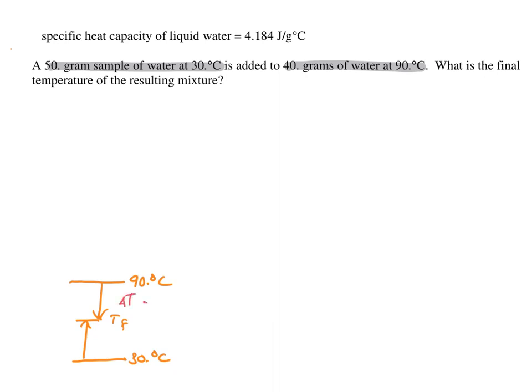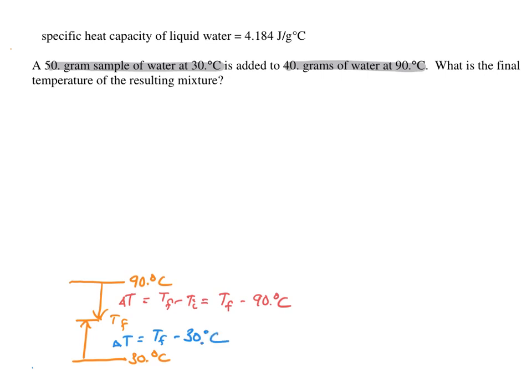For the hot water bath, our delta T, which is always TF minus TI, is going to be TF minus 90 degrees C. For the cool water bath, our delta T is going to be TF minus a different initial temperature, 30 degrees C.